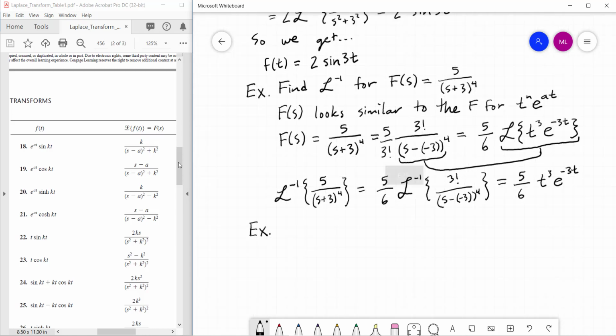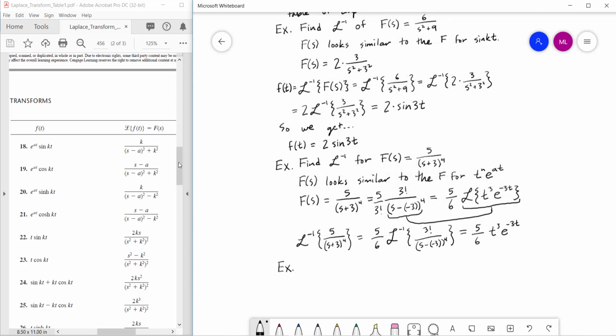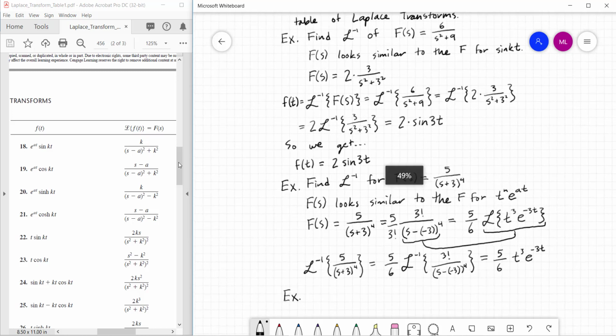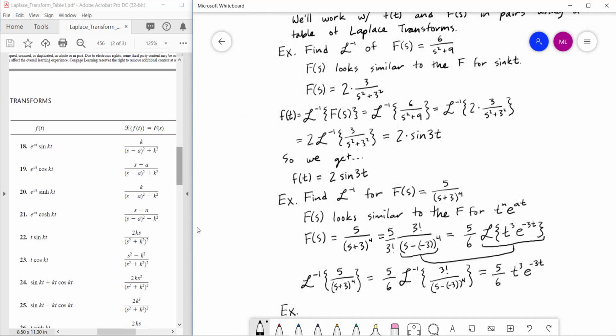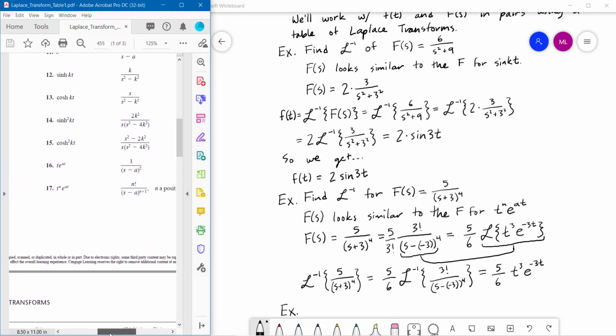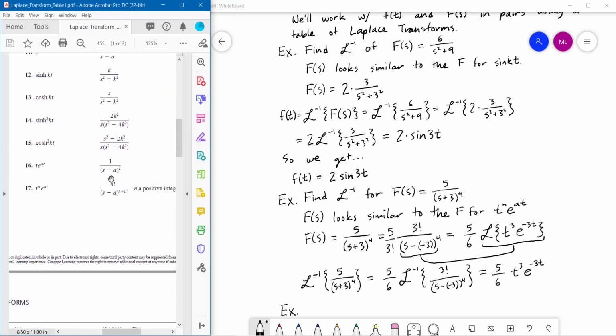Okay, and I just want to point out, I did these two examples that we've done so far a little bit differently from one another. Right over here, I used the notation that involved a Laplace transform of something that showed up on the left-hand side. So I did Laplace transform of this is equal to the form, right? I made this connection. You don't have to. I never did that up here.